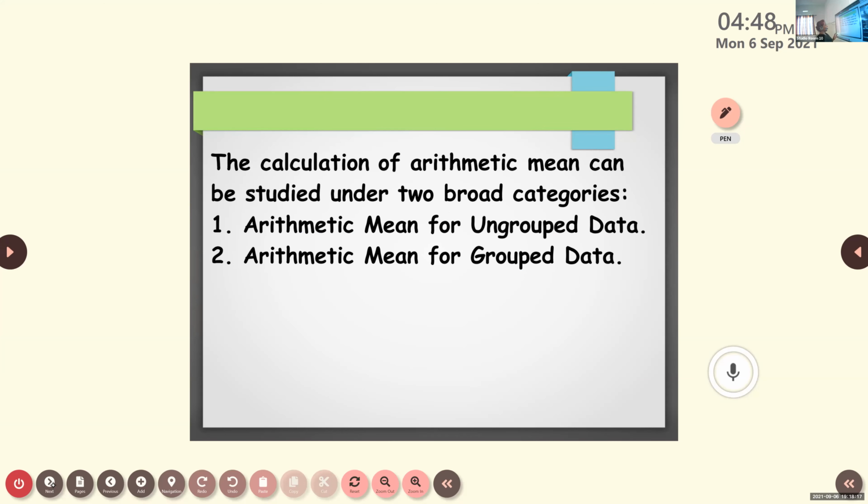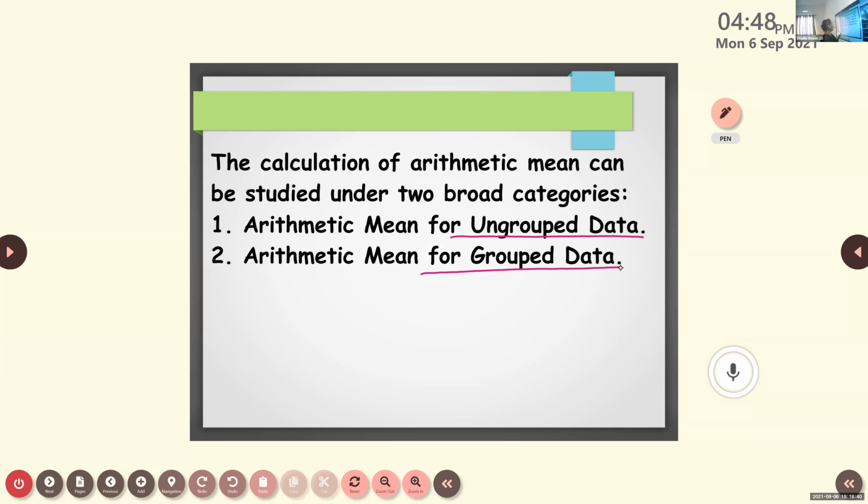There are two types of data. One is ungrouped data, another one is grouped data. If they have given the observations simply without any class interval, we can say that it is ungrouped data. If the numbers are given within the particular class intervals, that is grouped one.